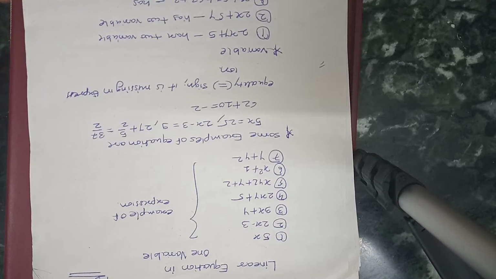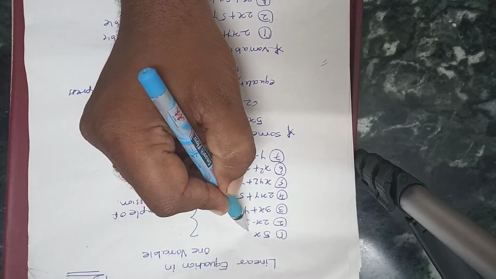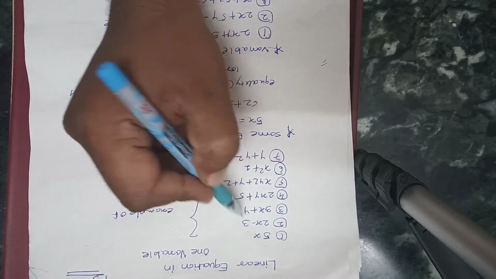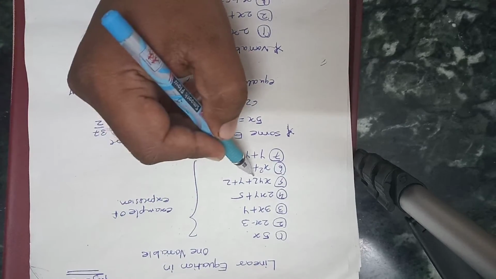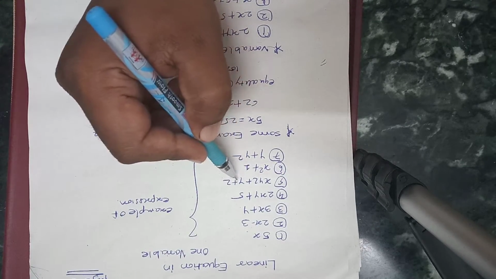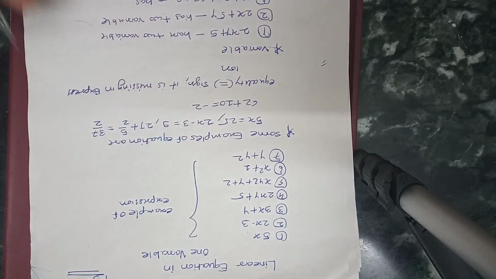So on paper I have written 7 examples: 5x, 2x minus 3, 3x plus 5, 2x plus 5, xy, xyz plus y plus 2, x square plus 1, y plus y square.